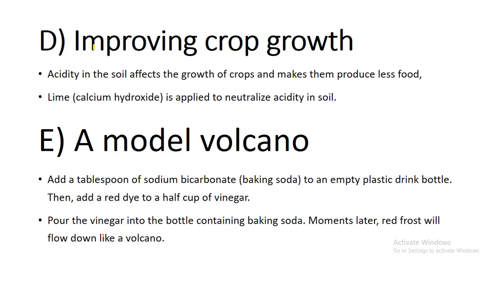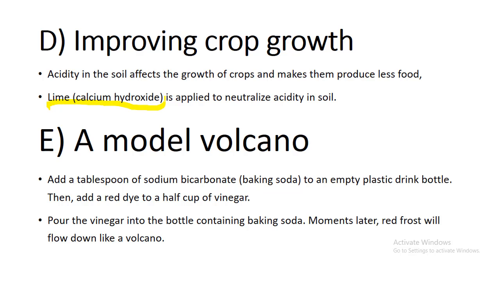And also we can use the neutralization process to improve crop growth. So acidity in the soil affects the growth of plants. If the soil is more acidic, we expect the plants to produce less food, or to bear fruits which are not strong enough. So to minimize that problem, you have to use lime.